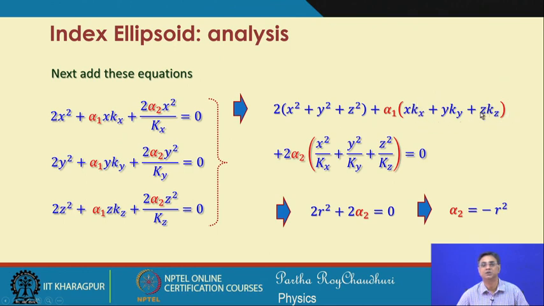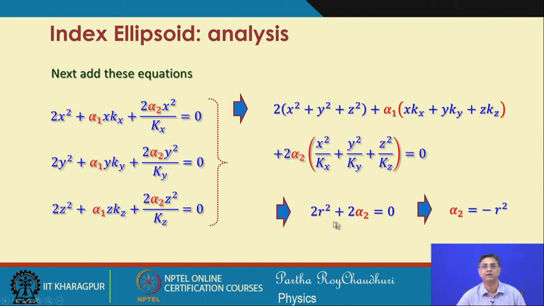This quantity is equal to 0, because this is the condition, the equation of the plane which is perpendicular to the direction of propagation but intersecting the ellipsoid, and this is the equation of the ellipsoid. So, the value of this quantity is equal to 1 and the value of this quantity is equal to 0. Knowing that, and the value of this quantity is equal to r square, we can write that 2 r square is equal to 2 alpha 1 into 1.